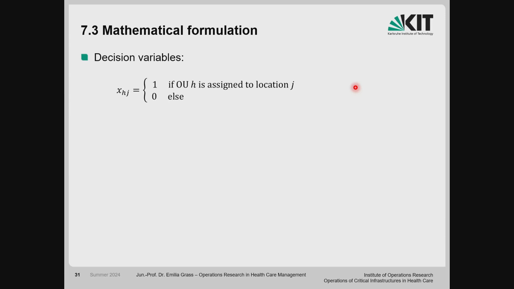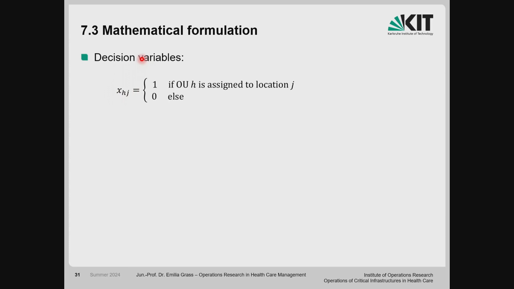So the decision variables, and we have only one type of decision variable, x_hj. So I start again. x_hj is 1 if organization unit h is assigned to location j. So if oncology is assigned to room 1, then it's 1, otherwise it's 0.